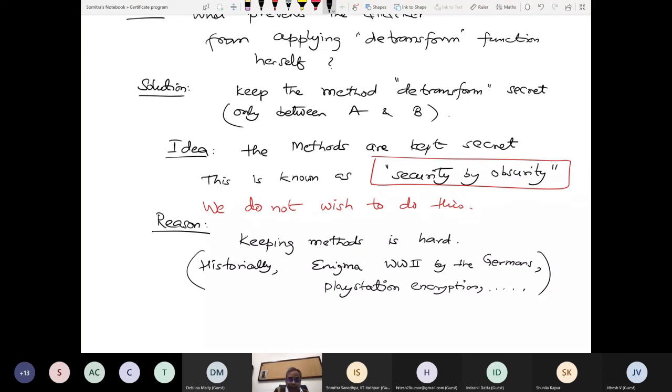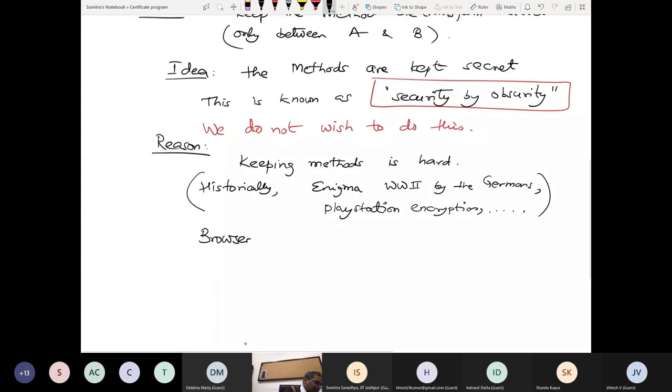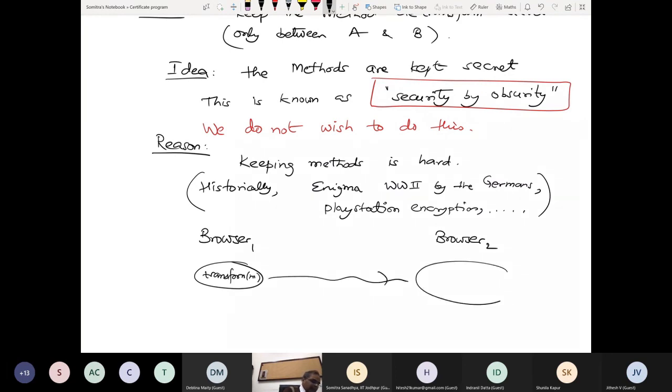In fact, if you are thinking of communicating to people using your browser, then whatever functionality is there should be implemented in your browser. Now we don't have people, we have browser 1 and browser 2 on the other side. The message is getting transformed here, so this is the transformed message going here, and this is the D transform function happening on whatever was received.